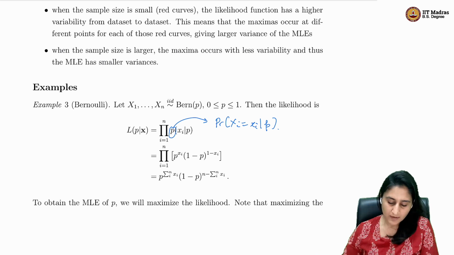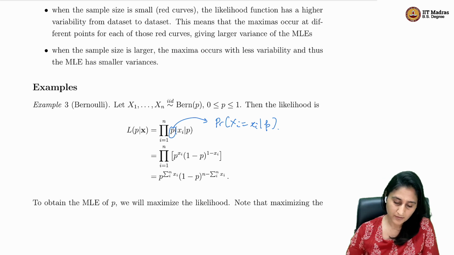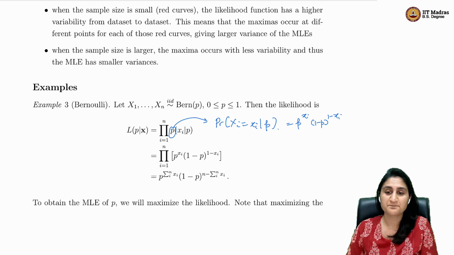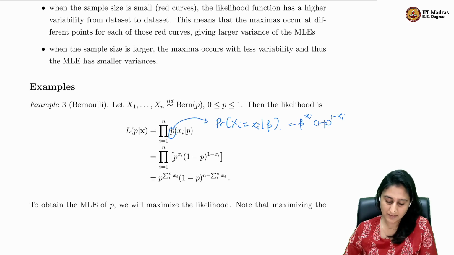Okay. Now once I do this, the PMF or the probability mass function of this is nothing but P to the power xi times 1 minus P to the power 1 minus xi. Right? That, we recall, is the PMF of a Bernoulli random variable. And that's exactly what we substitute in the next step here.